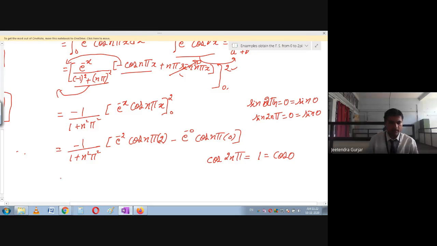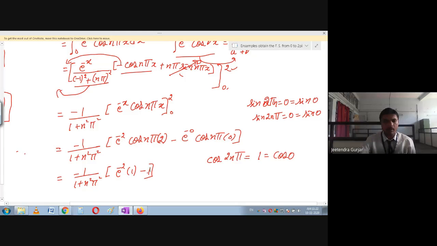Now substitute and simplify. So this is equal to minus 1 upon 1 plus n square pi square, then e raised to minus 2 times 1, minus e raised to 0, which is also 1, times cos 0, which is also 1. So I have substituted.